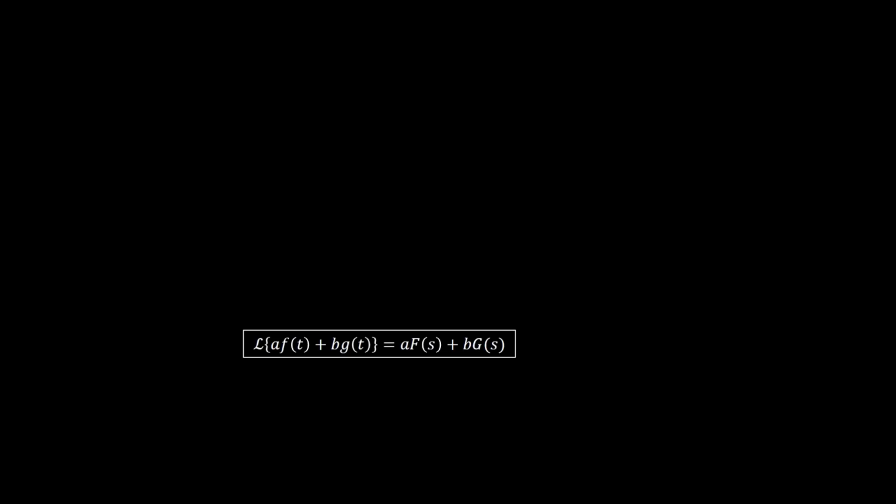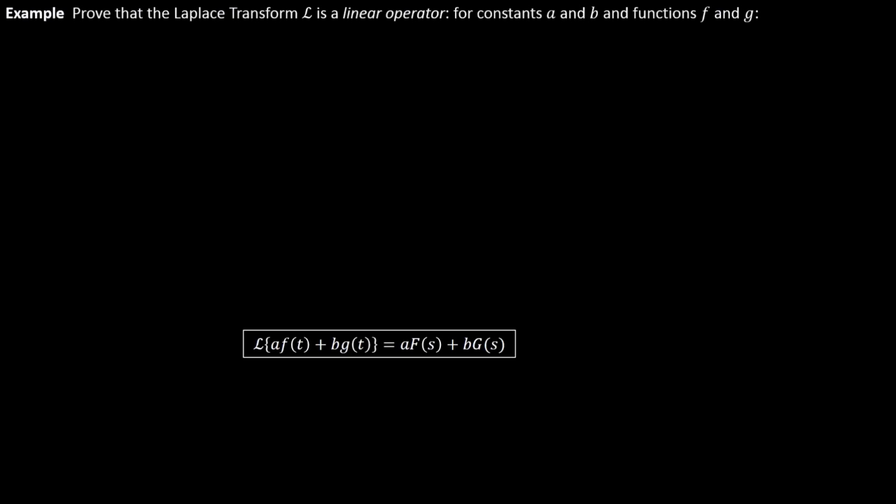Spoiler alert, I guess. Suppose we have the Laplace transform of a linear combination of f and g, so a times f of t plus b times g of t.